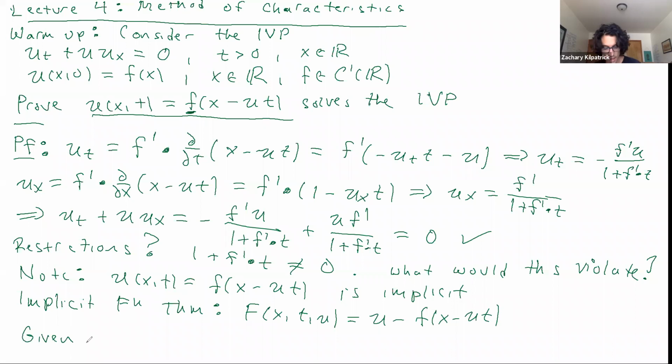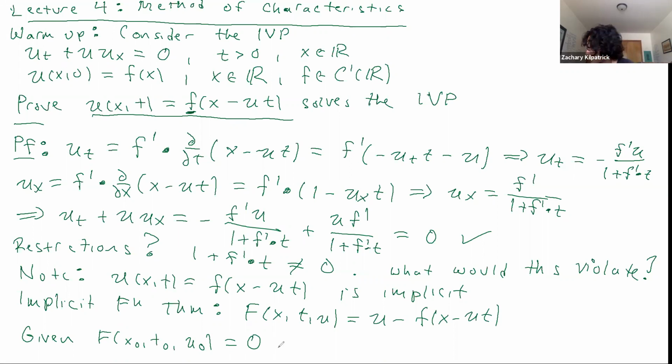So given then that your initial conditions satisfy this, okay? Certainly our initial condition should satisfy this in the first place, okay?